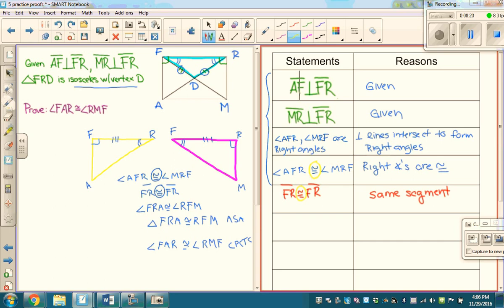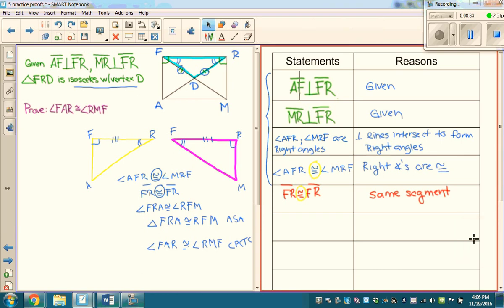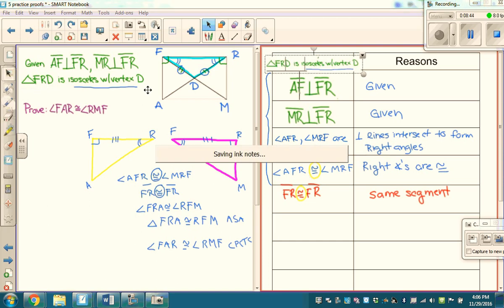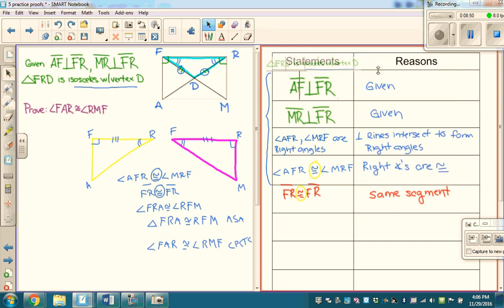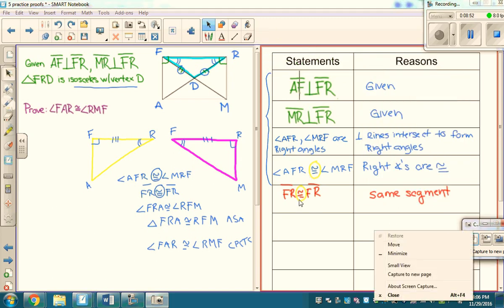So the third piece is to use the isosceles triangle statement. So I'm going to go back to kind of shortcutting this. Just take a little picture over here of this. And it's doing a funny thing, let's bring that over here.